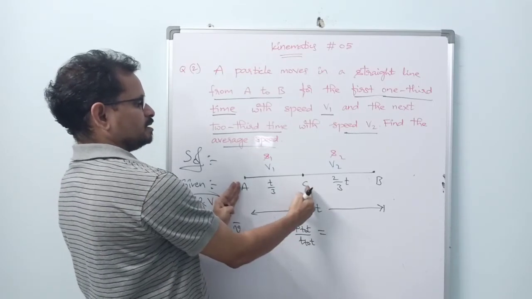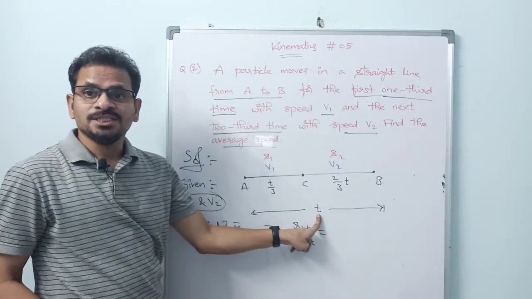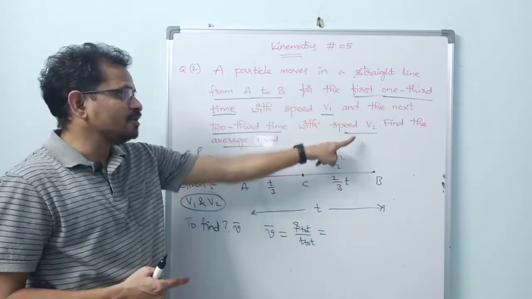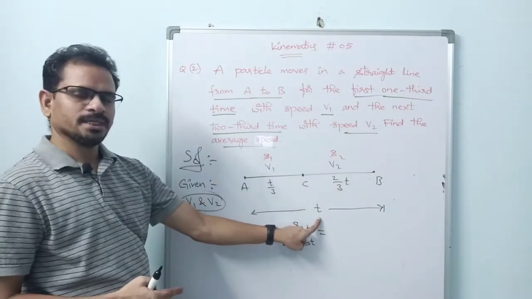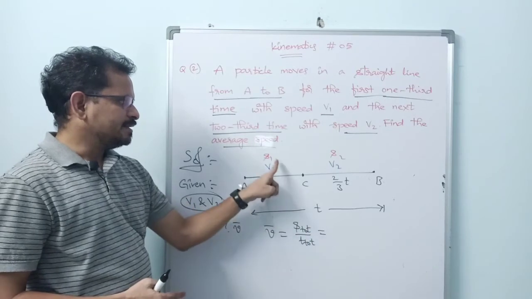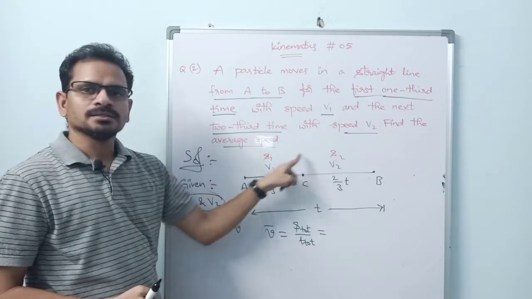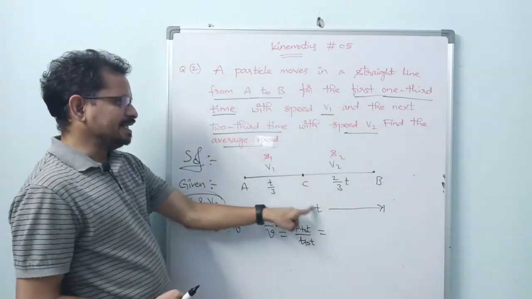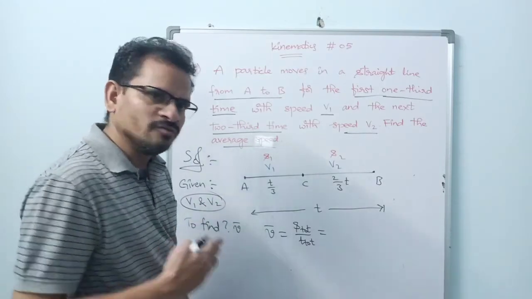Here time is t by 3, here time is 2t by 3. See, here t is an assumed symbol. We have assumed t. It is not given. Only v1 and v2 are given quantities. T is assumed. And distances S1 and S2 are also assumed. We have given those symbols. So these t, S1 and S2 must not be there in the final equations. While solving, gradually we remove them.